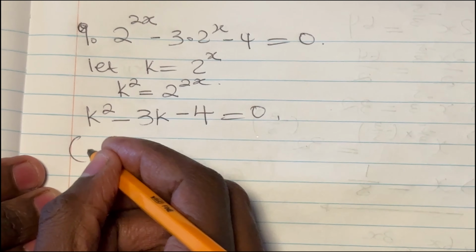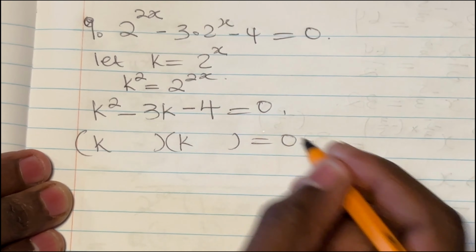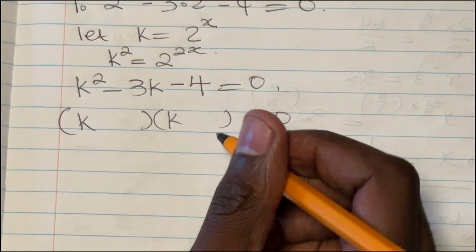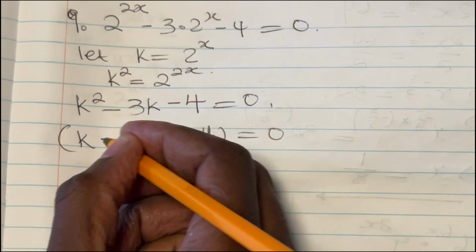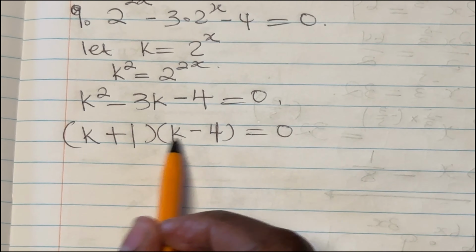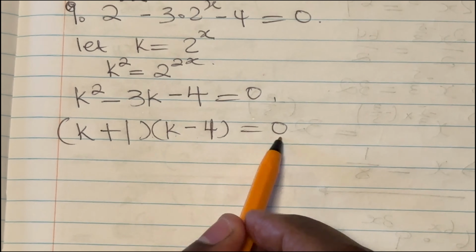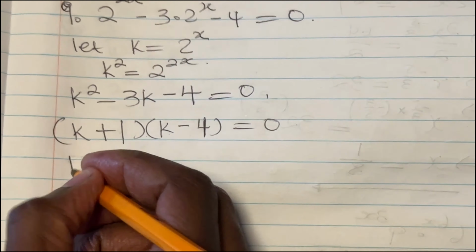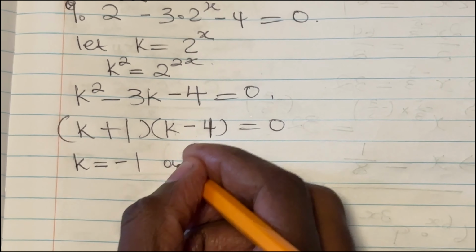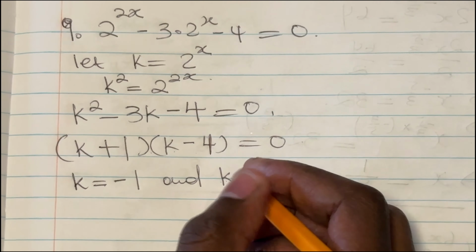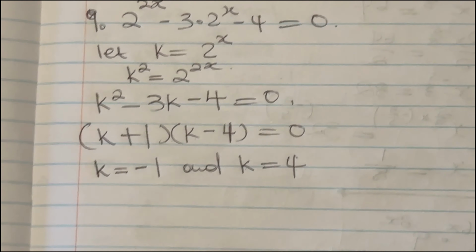So using your simplification for quadratics, we're going to split minus 3k into minus 4k, then plus k. So it's k squared minus 4k plus k, and factorising, you're going to have k equals minus 1 or k equals 4.